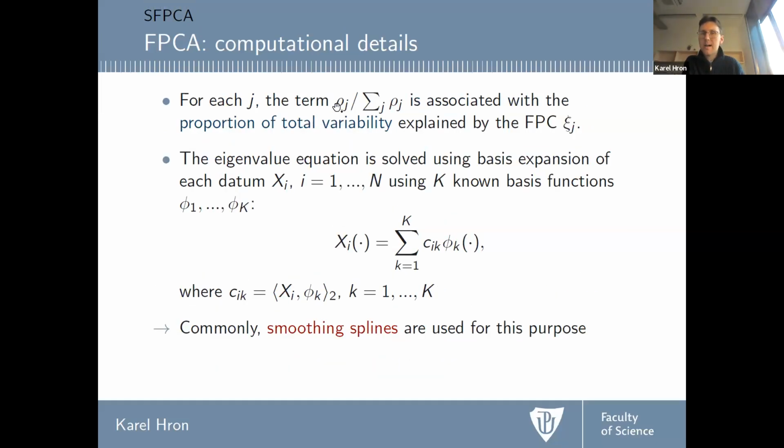And using these eigenvalues, we can assess the proportion of explained total variability by the respective functional principal components. But because we have now functions and not multivariate data, we need first to represent our functional observations using some known basis functions. Say we use some k known basis functions. And for this purpose, we commonly use smoothing splines.